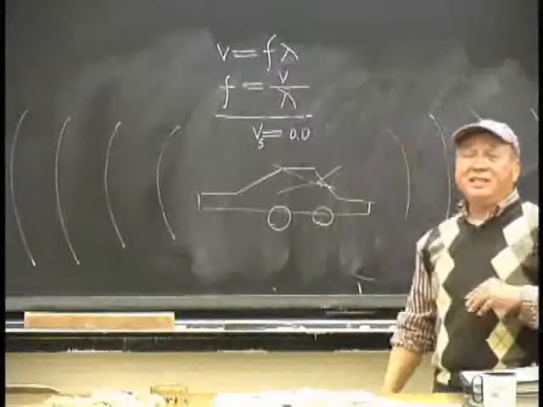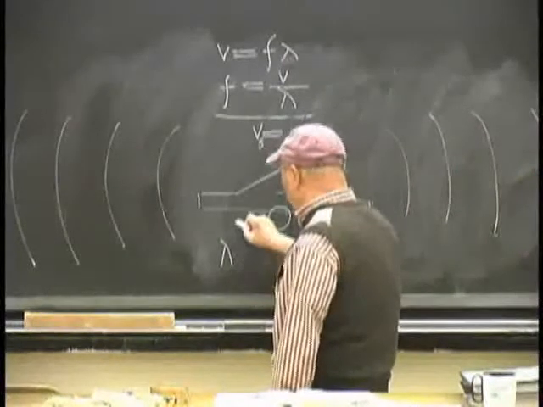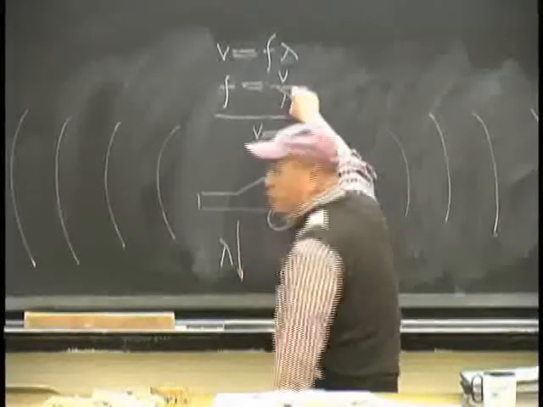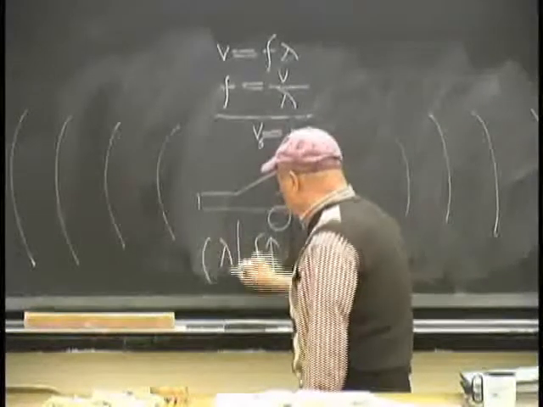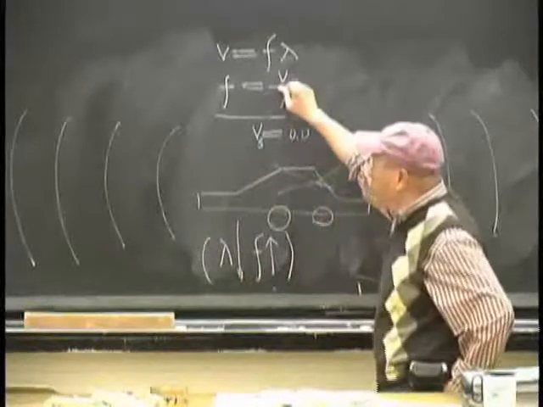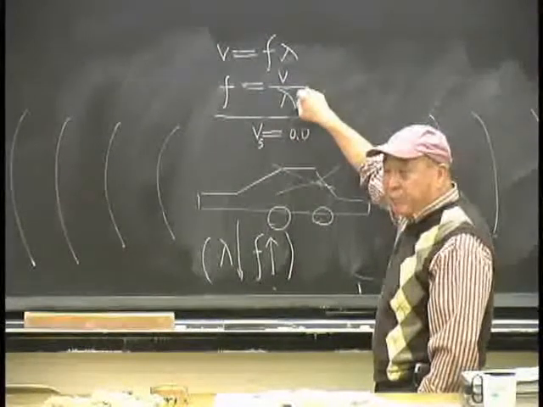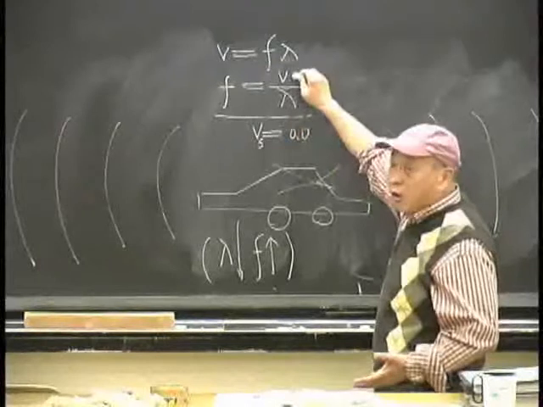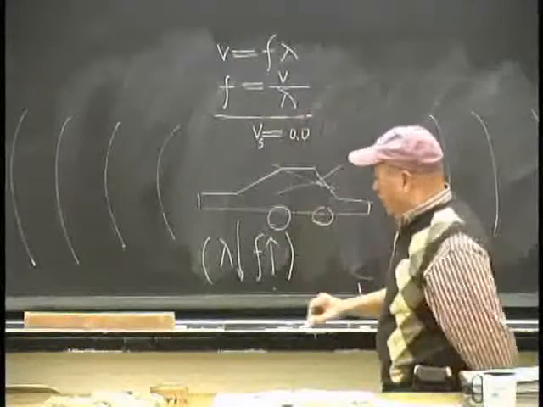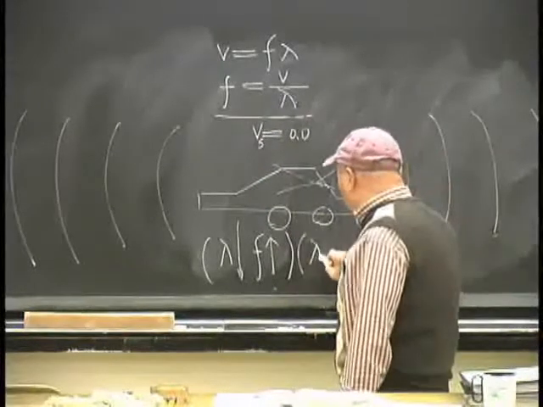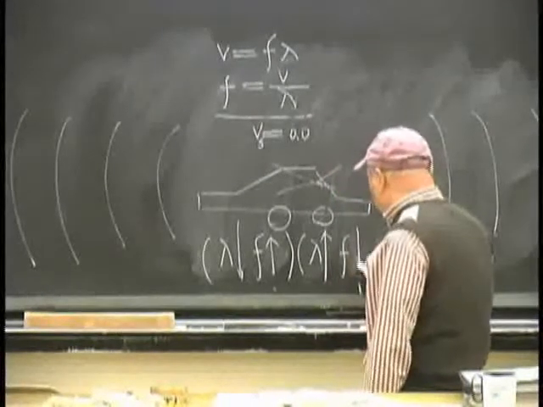This simple algebra is very important for you to know. When the wavelength is going down, the frequency is increased: something constant divided by something smaller gives a larger frequency. If the wavelength is larger, the frequency is decreased.